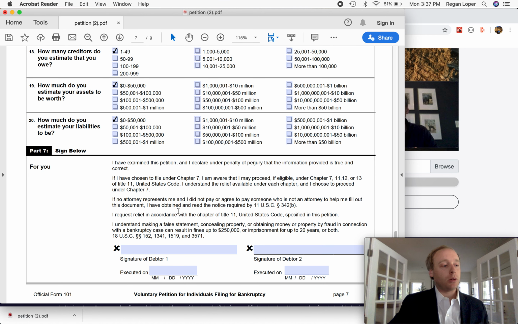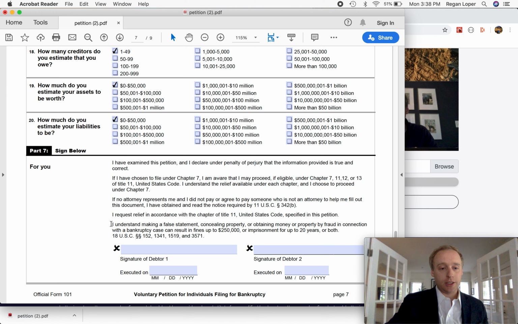Okay, so part 7. We're about to wrap up this form. And that's the signature. In this part, you're essentially telling the court you've looked through this petition, you've gone over how you filled it out, and you declare under penalty of perjury that the information provided is true and correct. If you don't provide a full accurate description of your information, or if you mislead the court, you can certainly be subject to serious penalties and fines, in addition to, I believe, jail time.